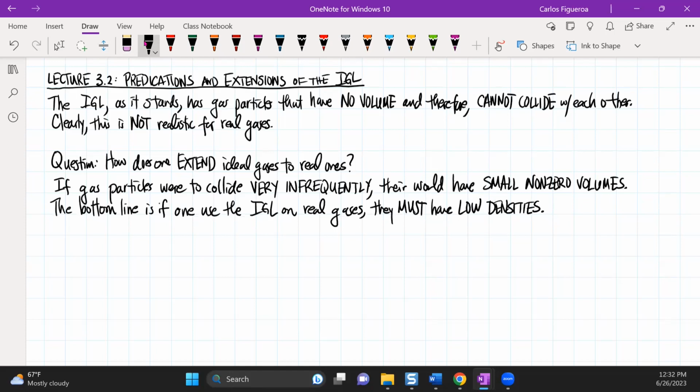That's a big key. They gotta have low densities. So let's go from here.